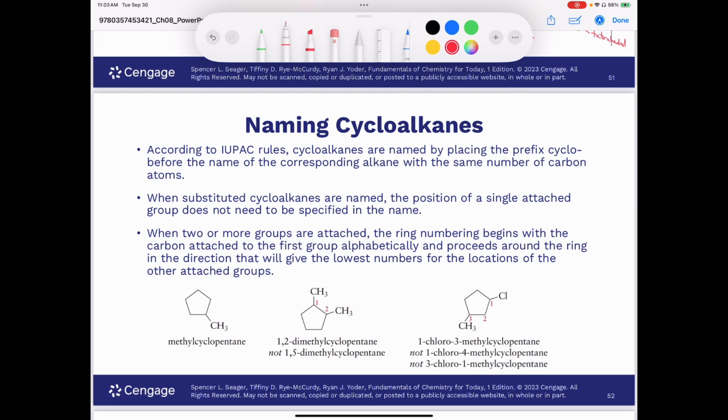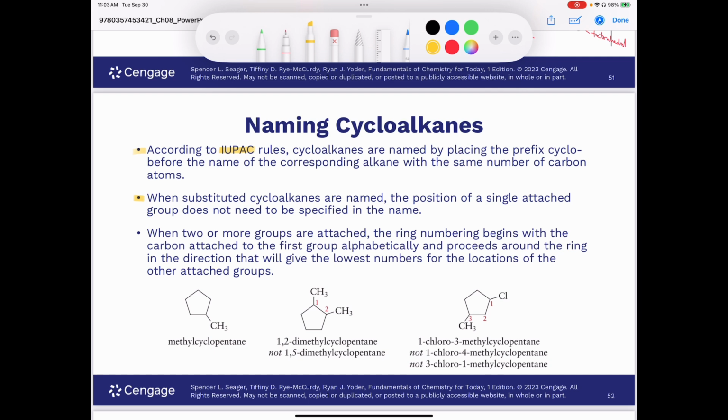When we want to name a cycloalkane, we're going to follow the rules shown here. According to the International Union of Pure and Applied Chemistry rules, cycloalkanes are named by placing the prefix cyclo before the name. So cyclopropane, cyclobutane, cyclopentane, cyclohexane, cycloheptane, cyclooctane, and so on. When substituted cyclohexanes are named, the position of a single attached group does not need to be specified in the name.